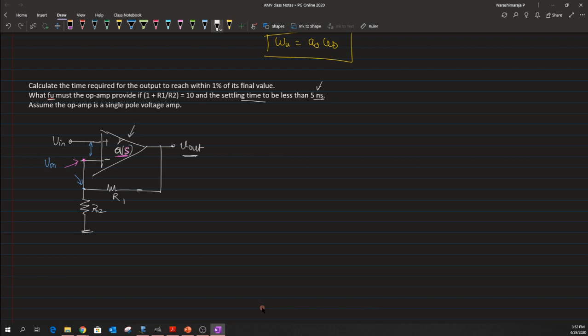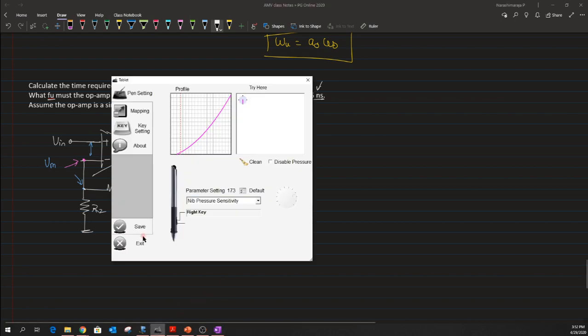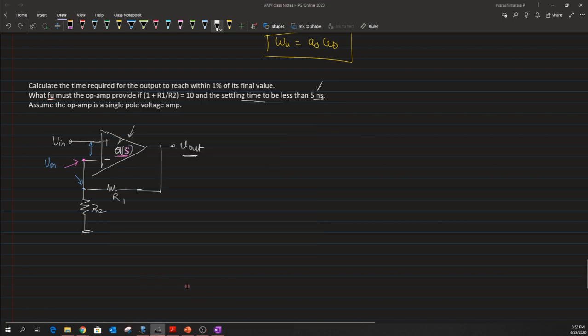So let me put everything into perspective. First let me express this V out in time domain. Based on all our previous discussion, I hope you are now more equipped with how we got this expression, so I'm just writing the expression directly.